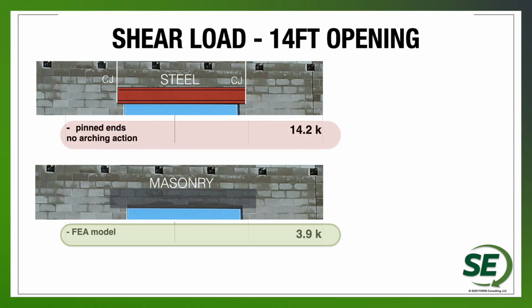Using a different type of material and having to put control joints on each side would really drive the analysis to be pinned end and no arching action. That would, in fact, increase the force that you would have to design for versus what you would have for an element that would be more integral with the wall, so a precast lintel or masonry lintel that could be more integral with the wall on each side.